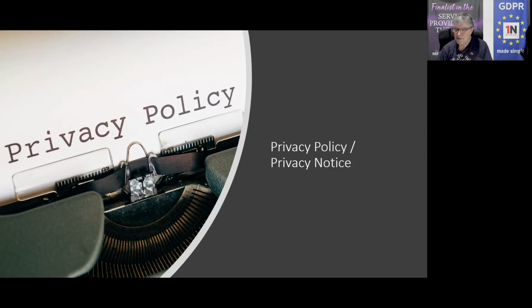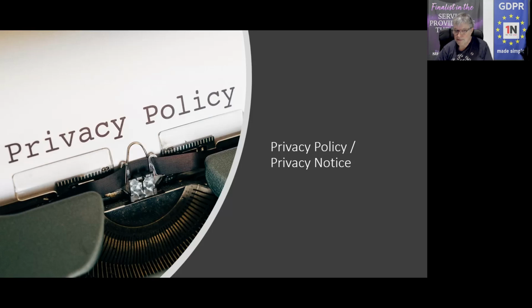Because remember, if someone wants to make a data subject access request, they can contact you by email, which most people will, or by telephone, or some people will still send their request by snail mail, in the good old postal service. So you need a postal address on there as well, because all three are methods of contacting you.